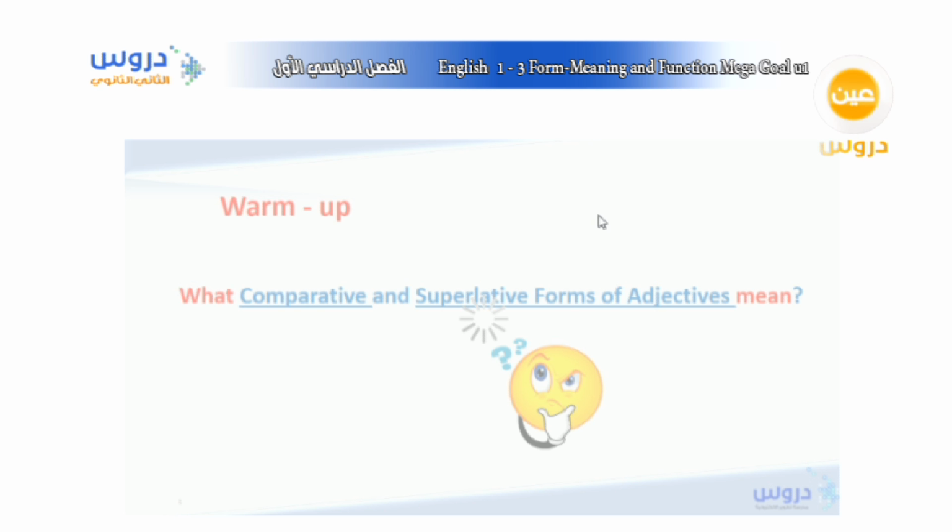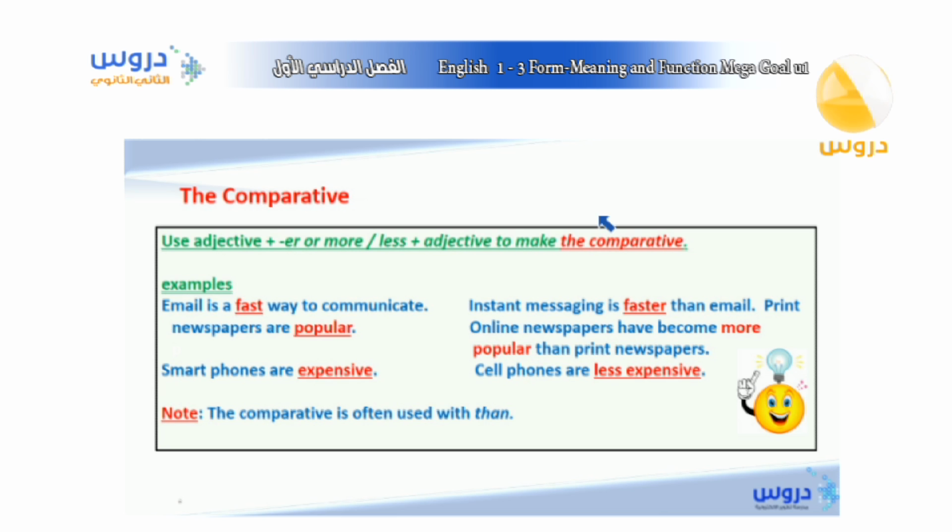Now let's go to the next slide. The comparative. In this slide we will explain more about the comparative form. Use adjective plus er, or more or less plus adjective, to make the comparative form. Examples. Email is a fast way to communicate.